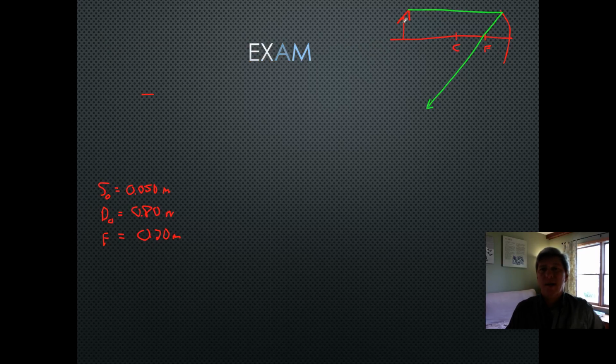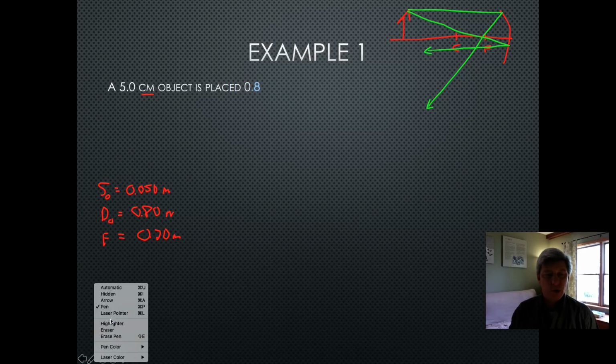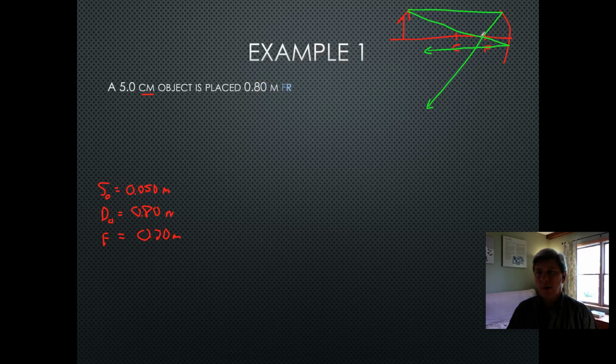And then I'm going to send another ray of light literally right through the focal point, and it's going to reflect parallel to the principal axis. And I've really kind of messed this up, but the image is going to be located somewhere in here. All right, and so the image should be between C and F. So when we do our work, we should be able to figure that out from there.